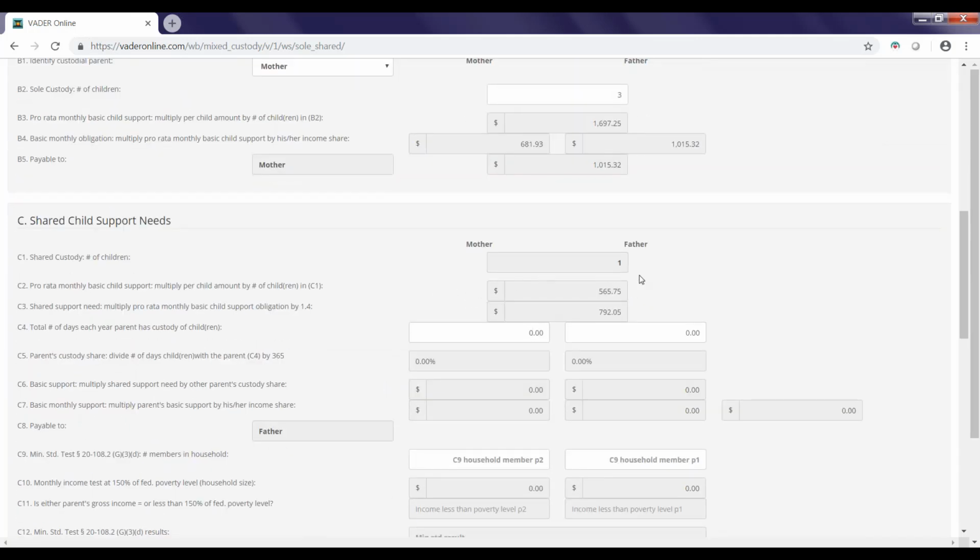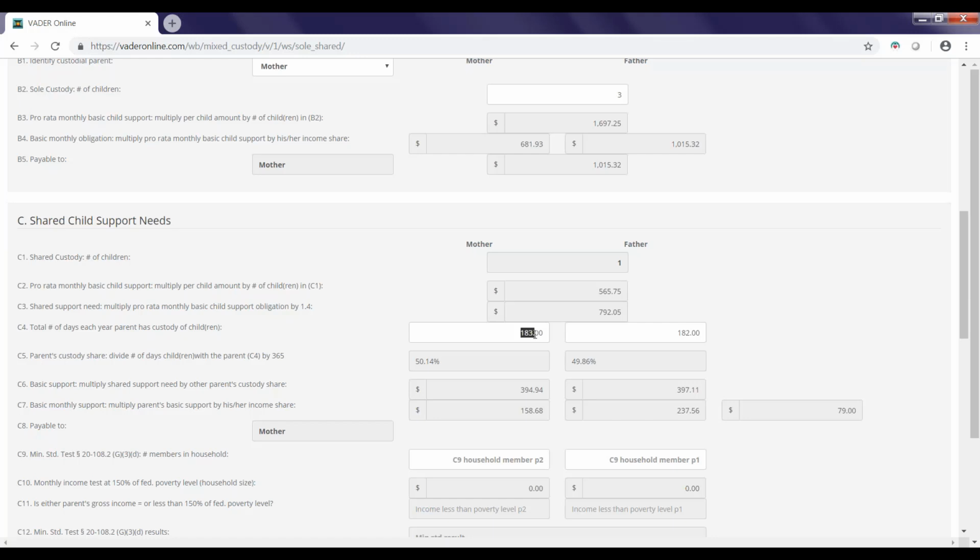Now we have to calculate what the support is going to be for that 1 child that the parties share custody of. So we've got 1 child. Now we're going to enter in the number of days that each party has this child. And let's assume for our example that the parties each share roughly equal custody of that 4th child.